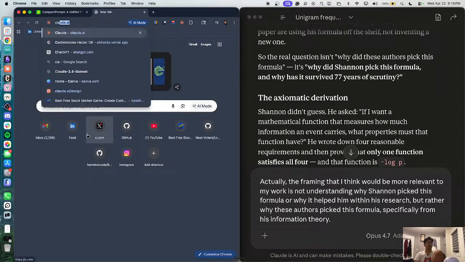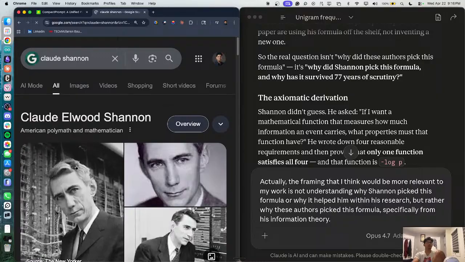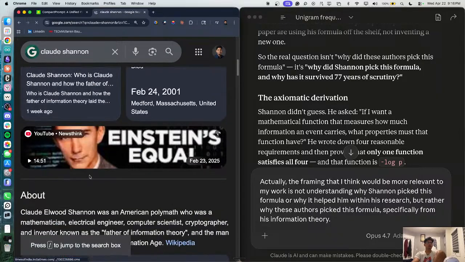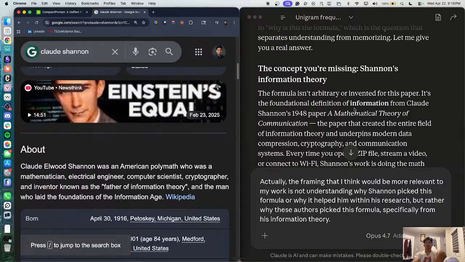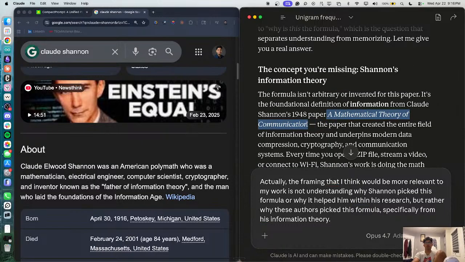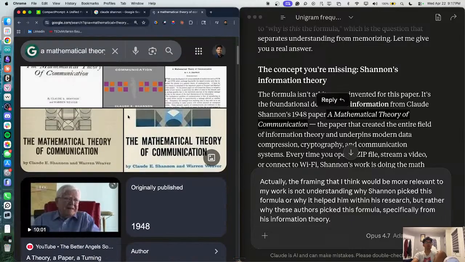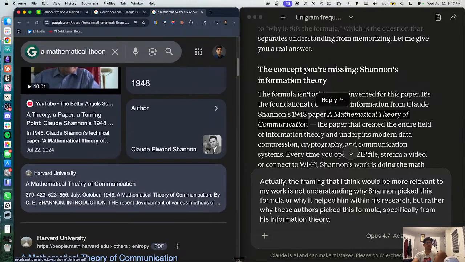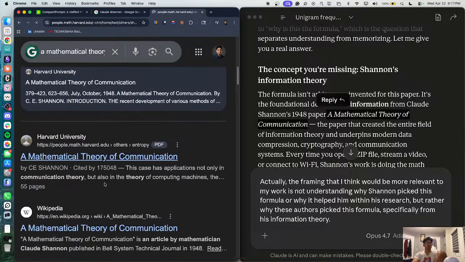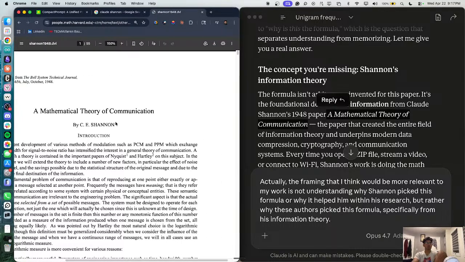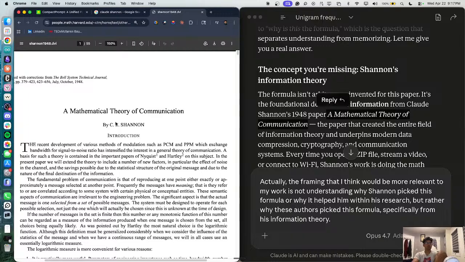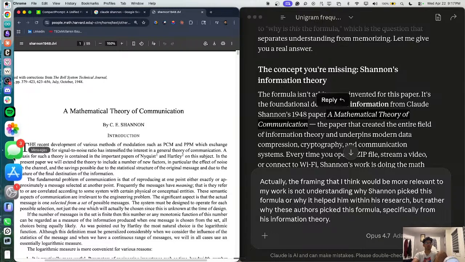And I actually just want to go here, Claude Shannon. Yeah, it's this dude. And his paper is called A Mathematical Theory of Communication.